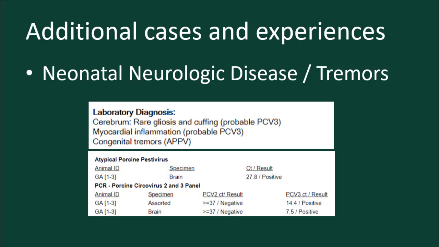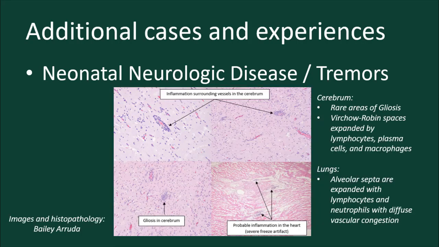Diagnostically, PCR said that pooled tissue in the brain was positive for atypical porcine pestivirus. So I will give that caveat. But what was really impressive to us, if you see here, the CT on the brain tissue was 7.5. And then histologically, lesions that were more compatible with PCV3 than pestivirus were present.